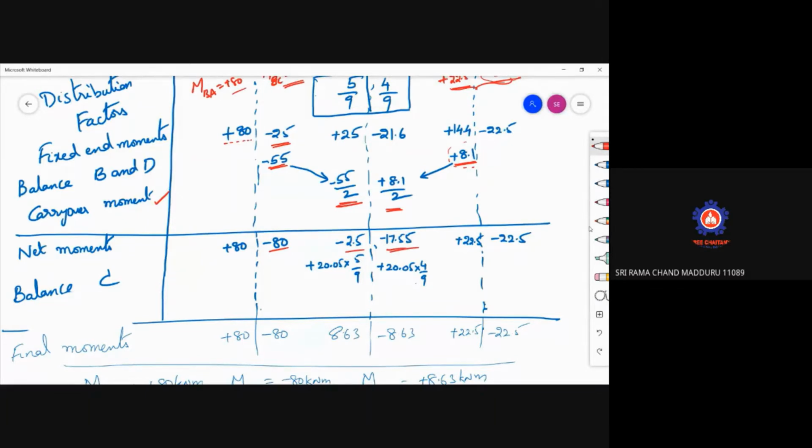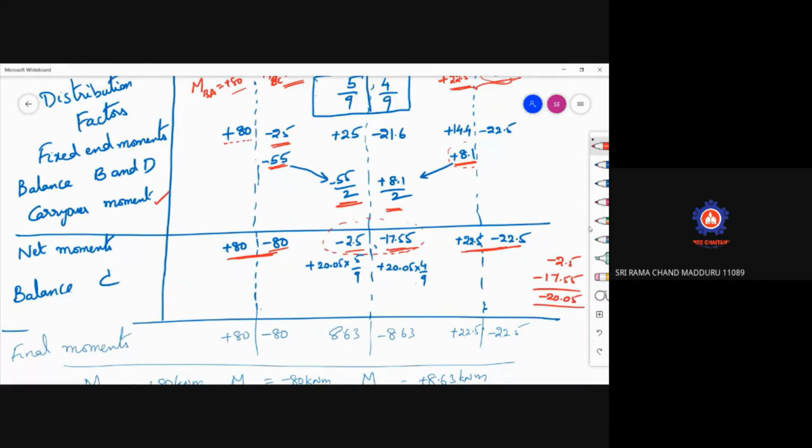Here you can check that the joint condition at B as well as at D are both satisfied. Now joint C is to be balanced. Just take the summation of these two, which is minus 2.5 minus 17.55, which is minus 20.05.